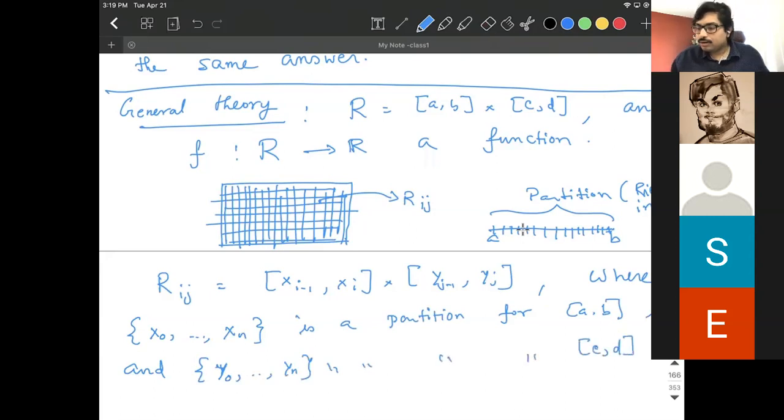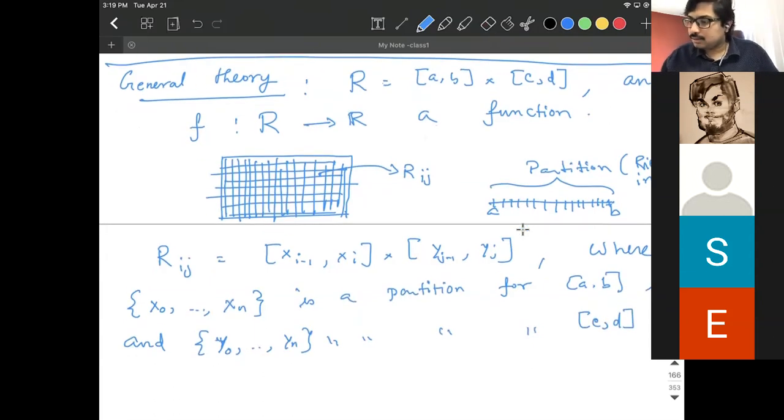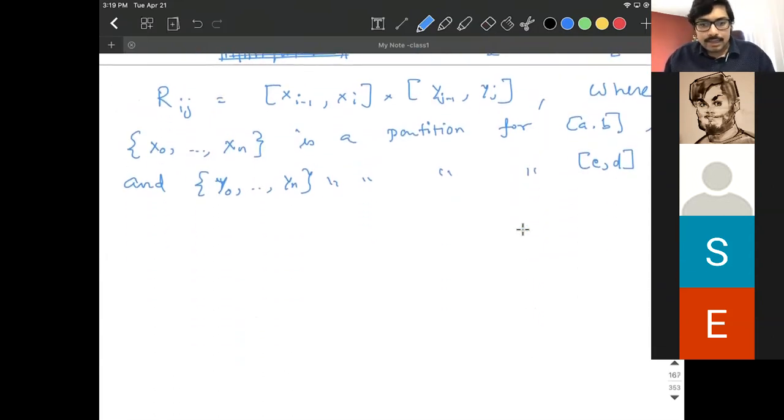So you take the product of the two partitions to get a partition of this rectangle.